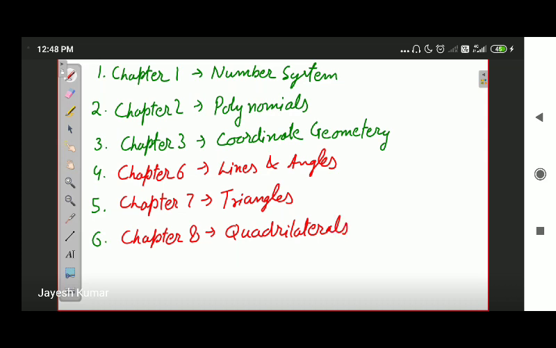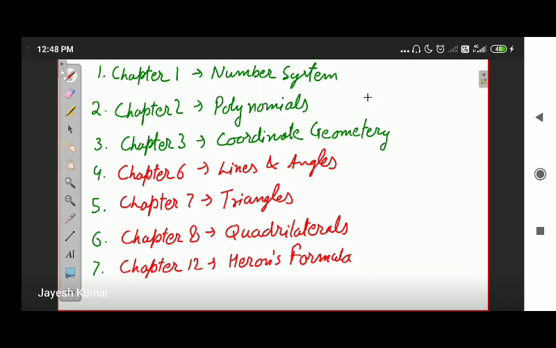And finally, 7th will be chapter number 12, Heron's formula. Okay, so we have already done chapter number 1, 2, 3.